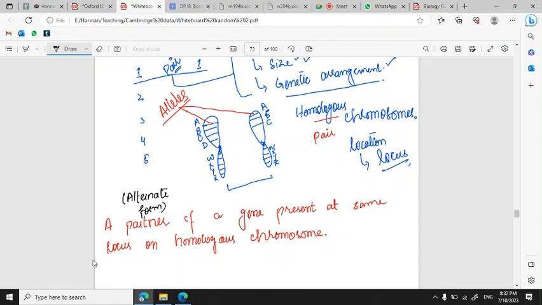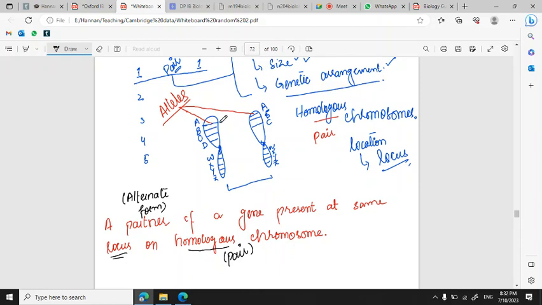The question can be asked: when do we call two genes alleles of each other? Remember, we can only call two genes alleles when they are on homologs. It means they are present on the pair, and number two, their locus must be the same. What does it mean?